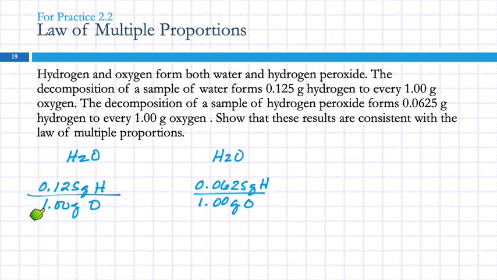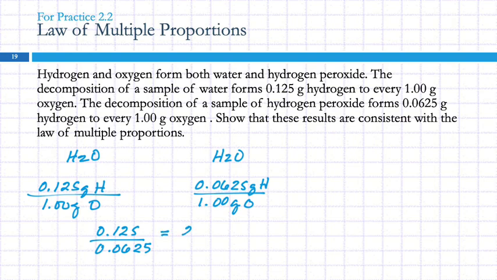Well, this really is the ratio of hydrogen to oxygen, right? Hydrogen to oxygen. So we can take the ratio of these two ratios, so 0.125 divided by 0.0625. Oops. I'll do that on my calculator just in case the laws of math changed since yesterday. Nope.